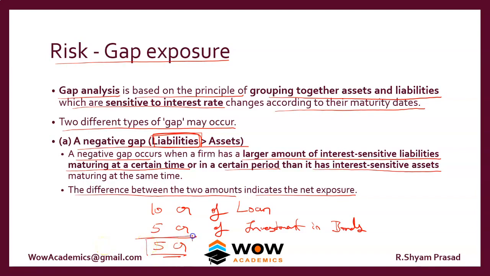This liability mismatch becomes the gap exposure. So the gap exposure is negative because the liability is higher when compared to the asset. So this leads to an exposure of a higher amount of liabilities compared to the assets.